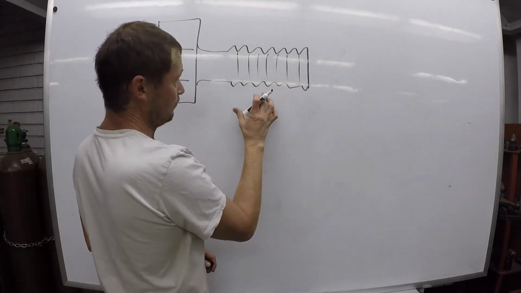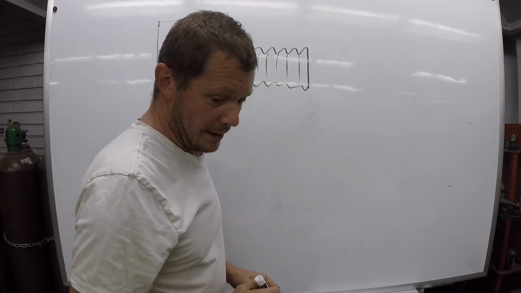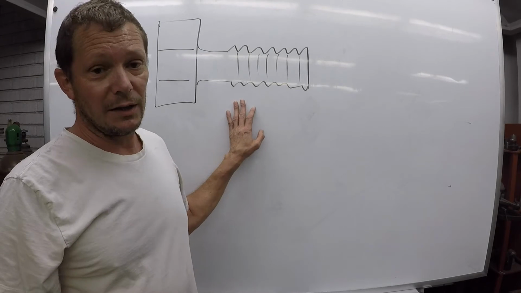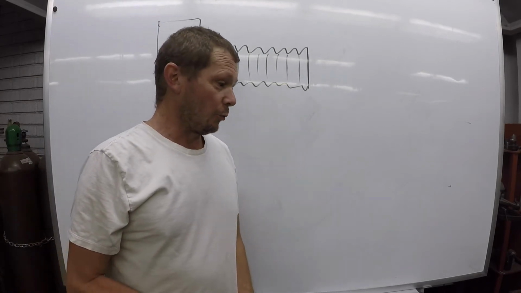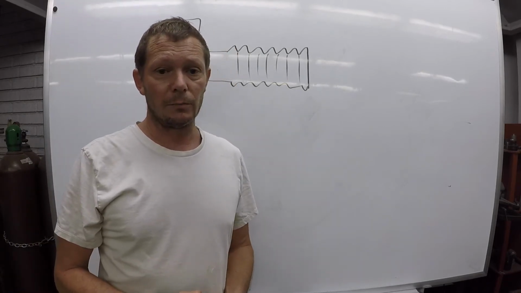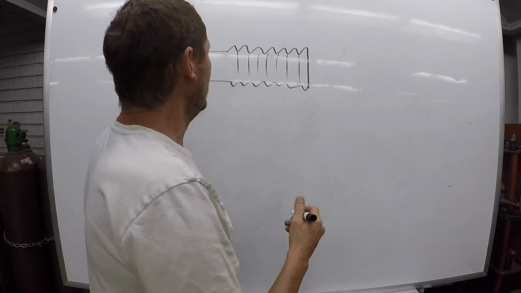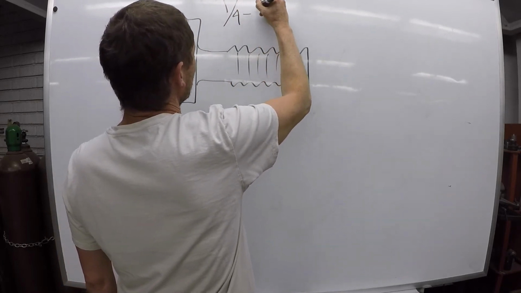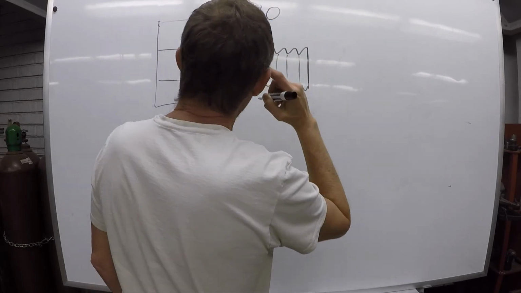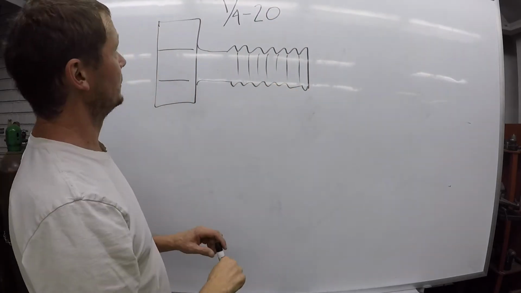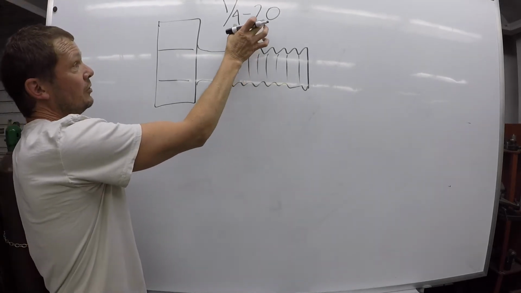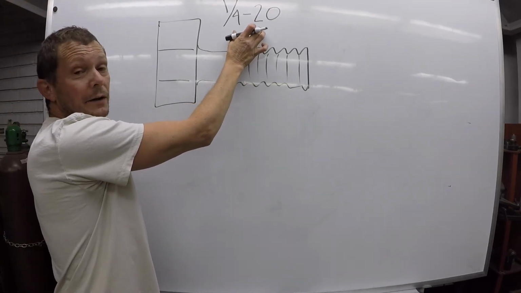These threads, as we talked about before, have been standardized, these sizes. So probably the most common bolt in the world is what they call a quarter-twenty. What does that mean? This is telling us two standards.